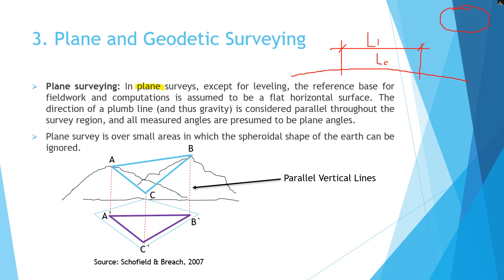So the length of this horizontal line will be slightly different from the actual length of the curve. But we will not consider the errors between these measurements. So we say that we consider that the errors are negligible.